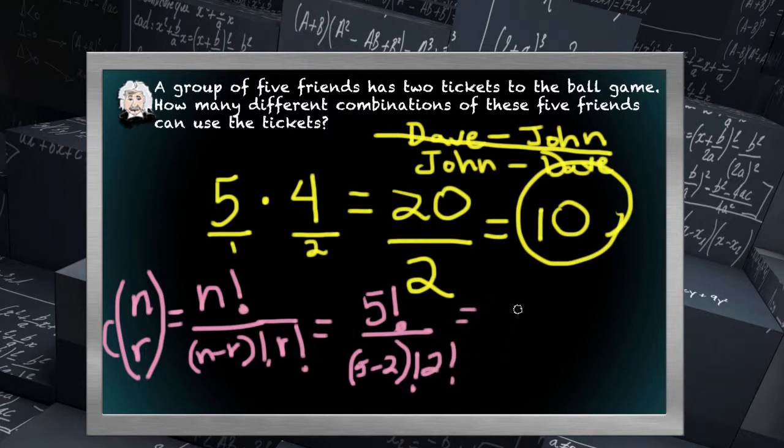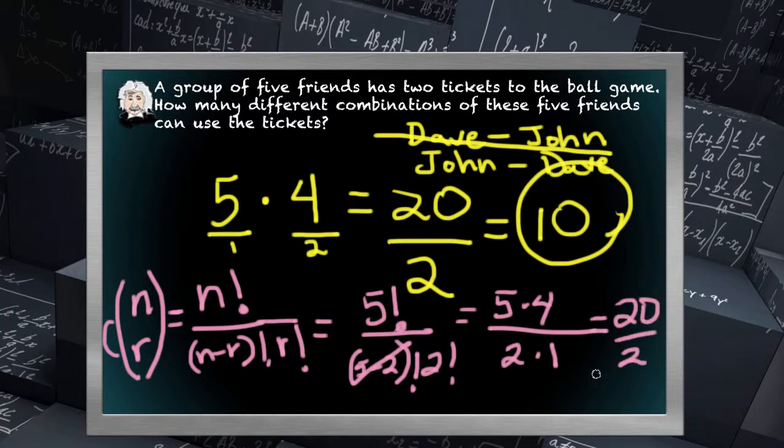And that in turn is 5 times 4 times 3 times 2 times 1, but again 5 minus 2 factorial is 3 times 2 times 1, so those would cancel out, and we'd just be left with 2 factorial, or 2 times 1, in the denominator, and that in turn works out again to 20 divided by 2, which equals 10, the very same answer.